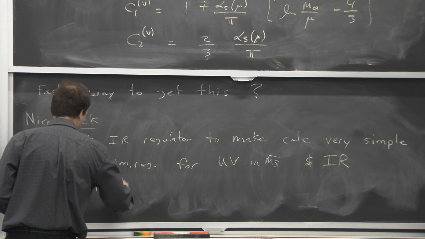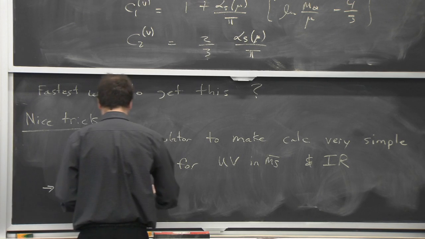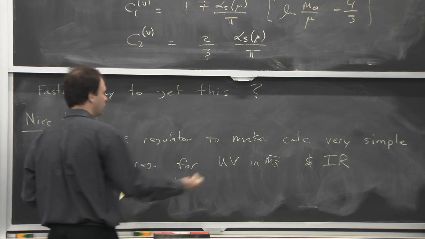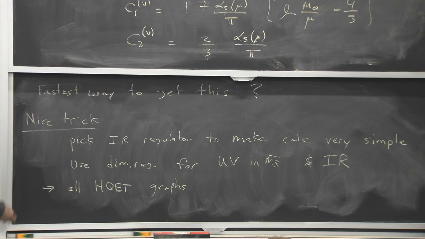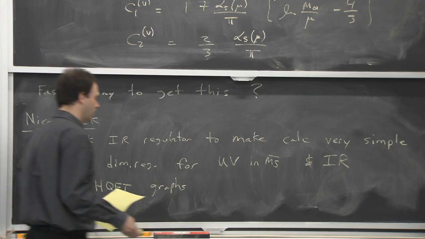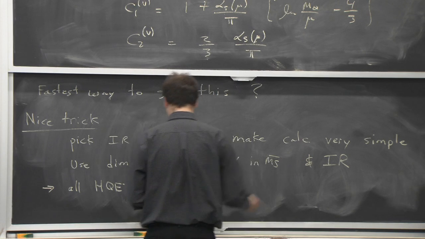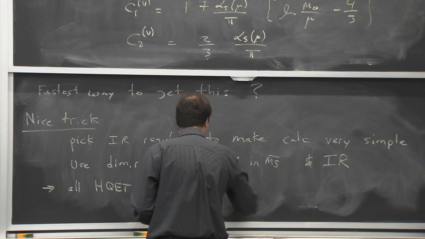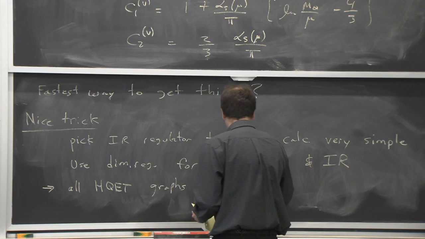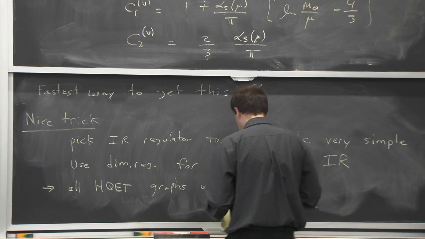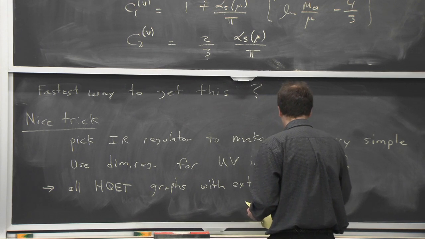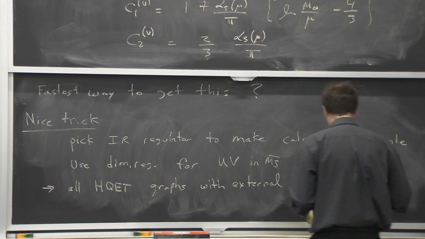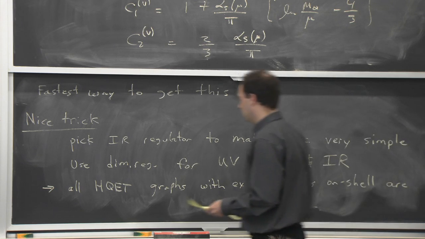you can convince yourself that all heavy quark effective theory graphs with on-shell external momentum. So I can take the external momentum on shell. I don't need it to regulate divergences because I'm going to use dim reg to do that. So all the integrals are scaleless.